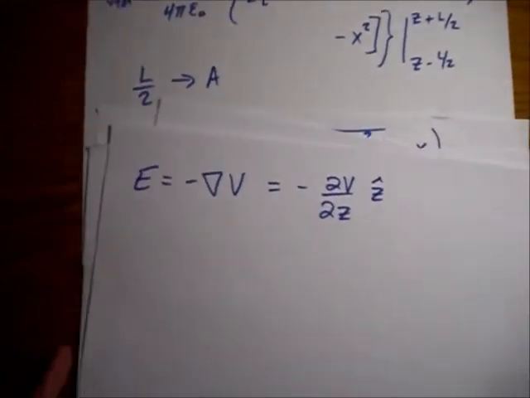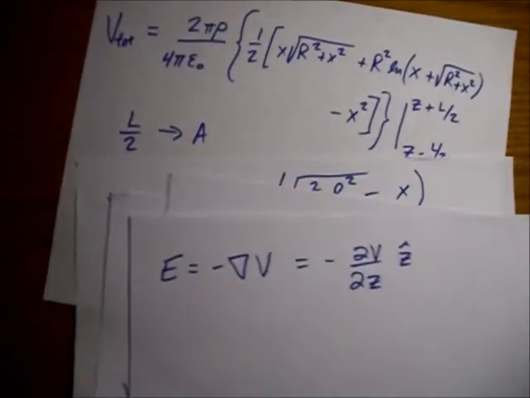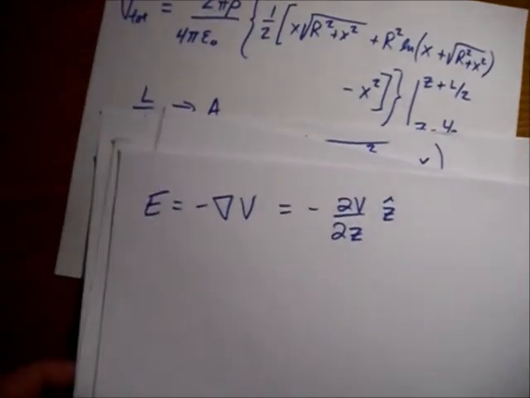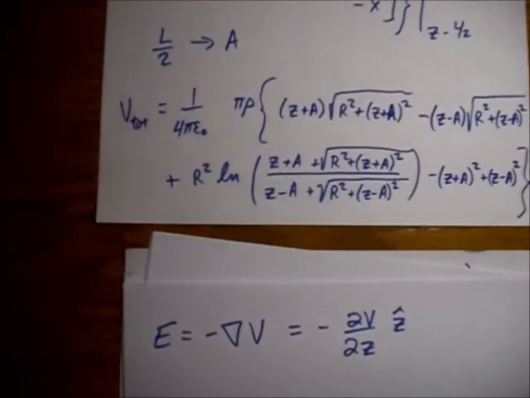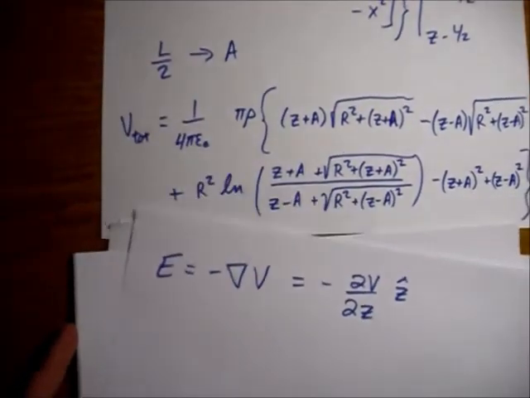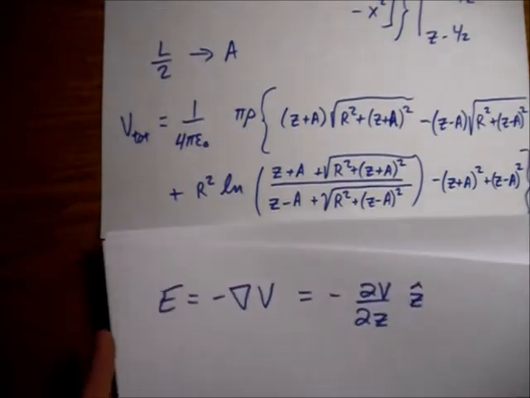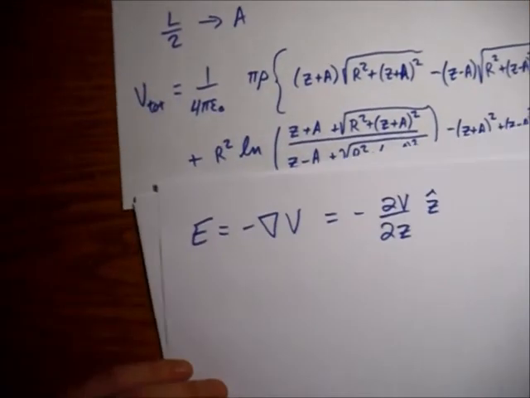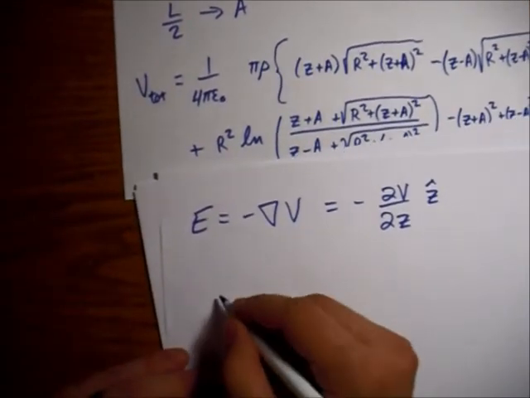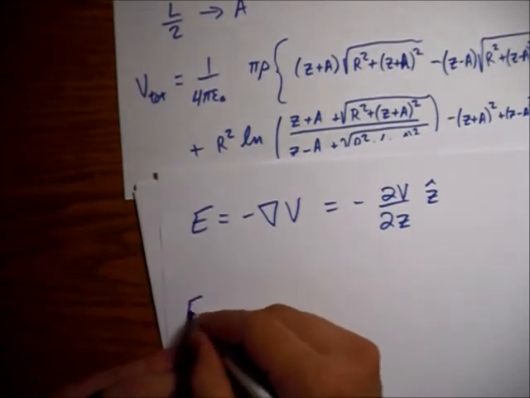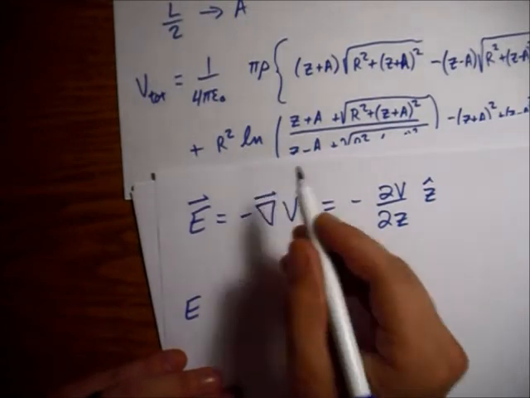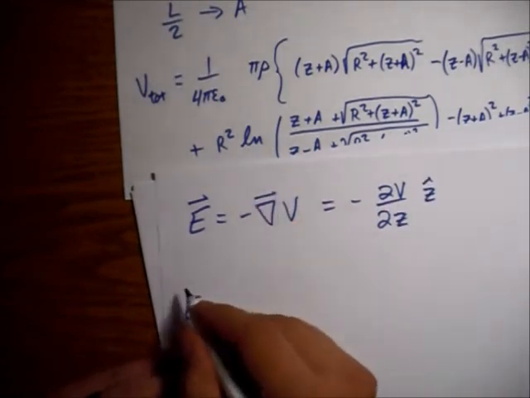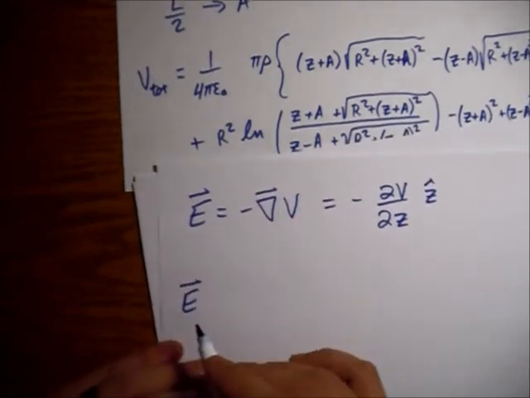We don't have to worry about any of the other two dimensions, so we've got that going for us, which is nice. So now, here we go. Let's see if we can do this. I'll probably make some mistakes and come back and fix them. But, oh, by the way, E is a vector. I'll put a little arrow over the gradient too, which is a vector operator. All right.